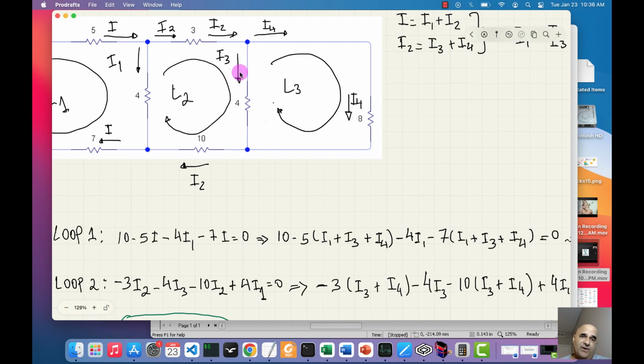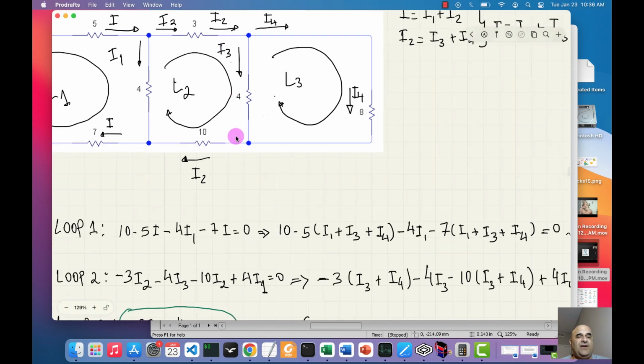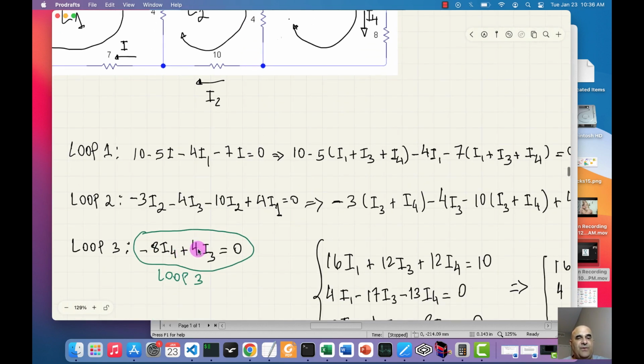So this will be a raise. Every time you have opposite directions for the current and the way you follow your loop, you need to put a positive sign to this voltage drop. In this case, we have positive 4I3, which is over here, positive 4I3 equals 0.